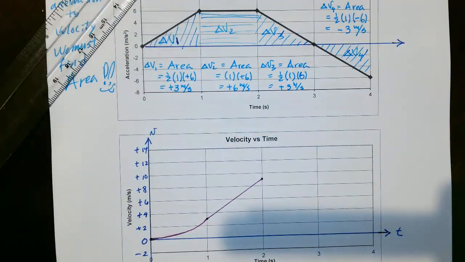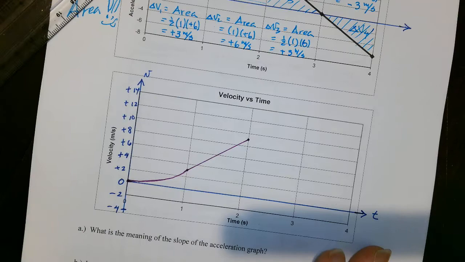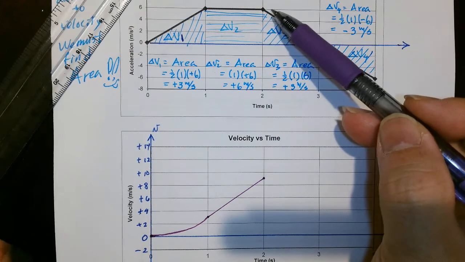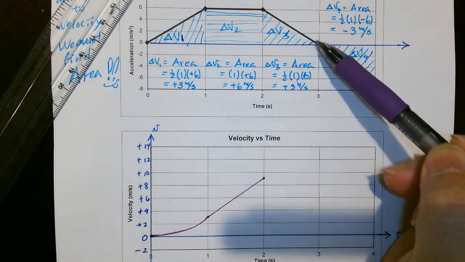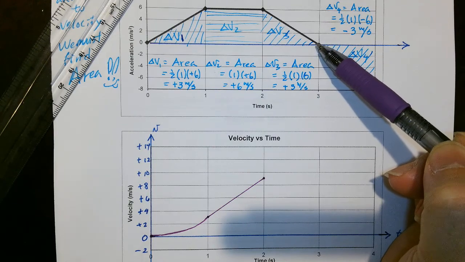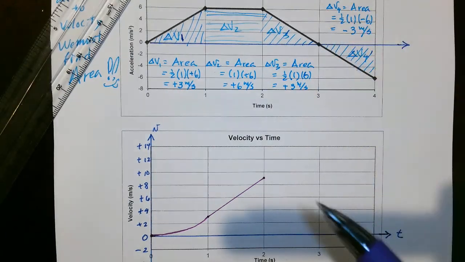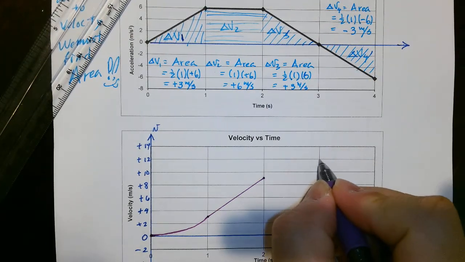So I use this magical device called a ruler. And then I have positive 3, and my slope value goes to 0 at 3 seconds. So when I reach 12 meters per second, my slope value for my acceleration is 0.